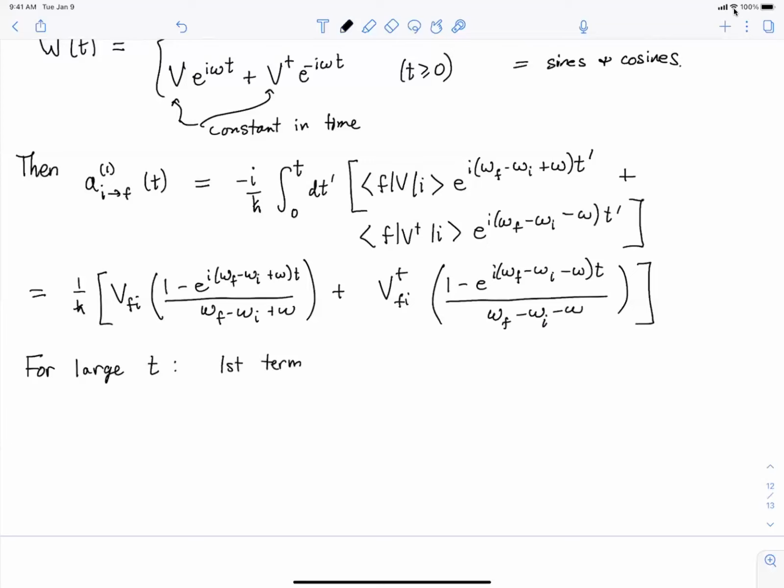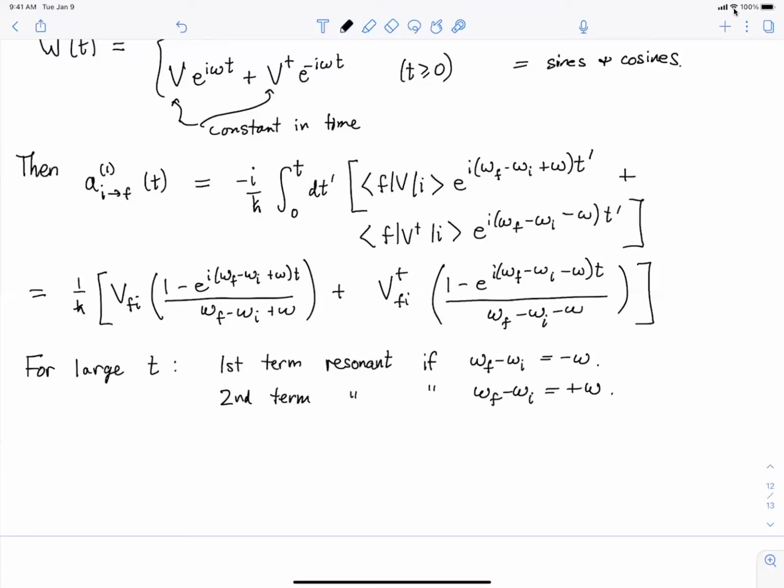Okay, so the first term is resonant, meaning it's going to have a delta function that's going to make it non-zero if omega_f minus omega_i is equal to minus omega. In the previous example, it was just 0, but now it's minus omega. Okay, and the second term is resonant if omega_f minus omega_i is plus omega. And we want to be concentrating on examples where omega is not 0, because if omega is 0, that was the previous example.